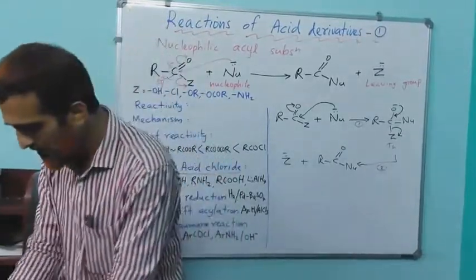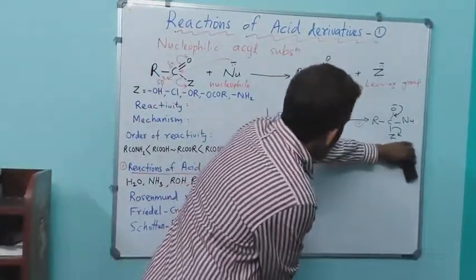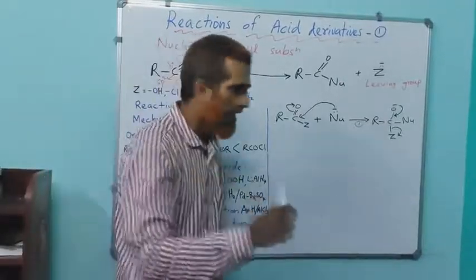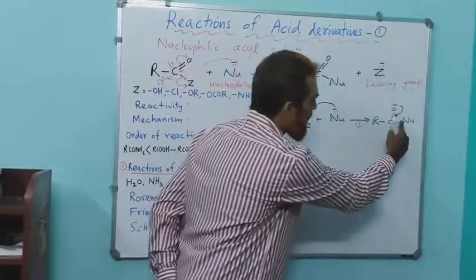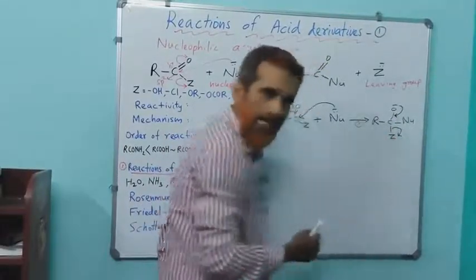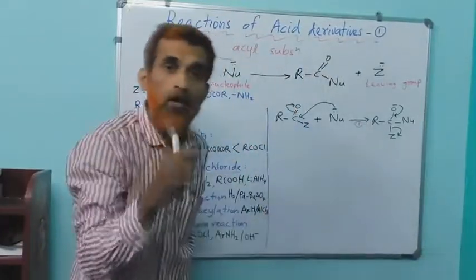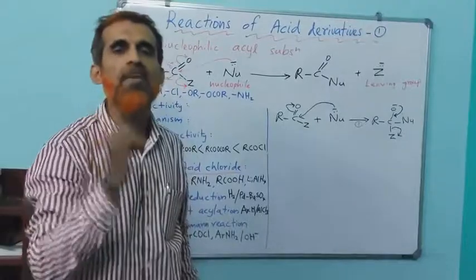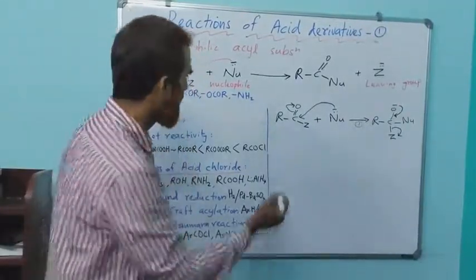We can do that. Let's consider various acid derivatives and compare the reactivity. From this intermediate, there are two options: either the nucleophile can leave or Z can leave. It is Z which is leaving because it is a better leaving group, and that is because it is a weaker base. So weaker the base, better the leaving group.